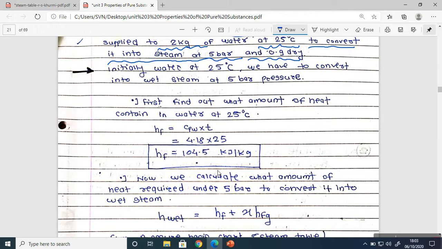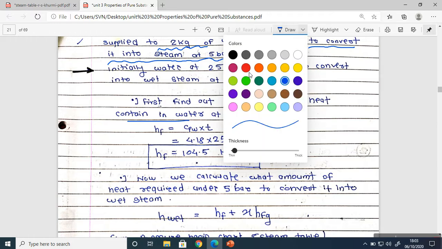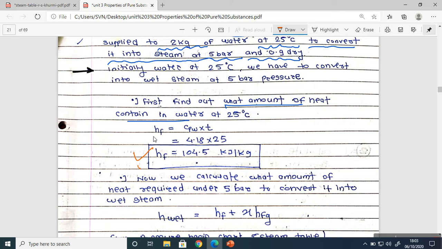First I calculate the initial enthalpy: what amount of heat is contained in water at 25 degrees Celsius. We can directly get it from the steam table, although there is no need to use the formula m CPw into T. This is the basic fundamental formula I already discussed, where m is 1 kg, CPw is the specific heat of water at constant pressure, 4.18, and the temperature.